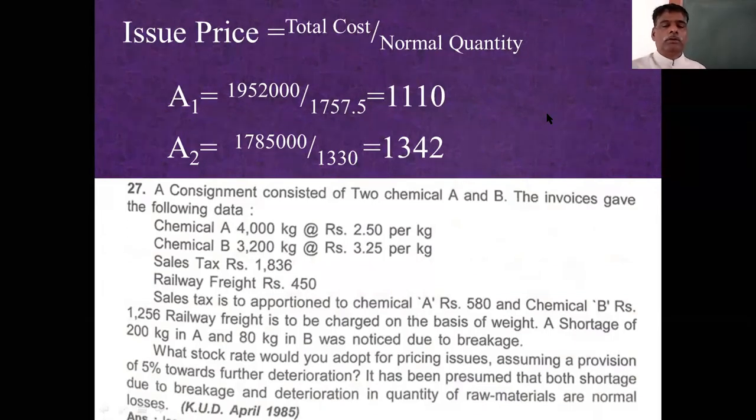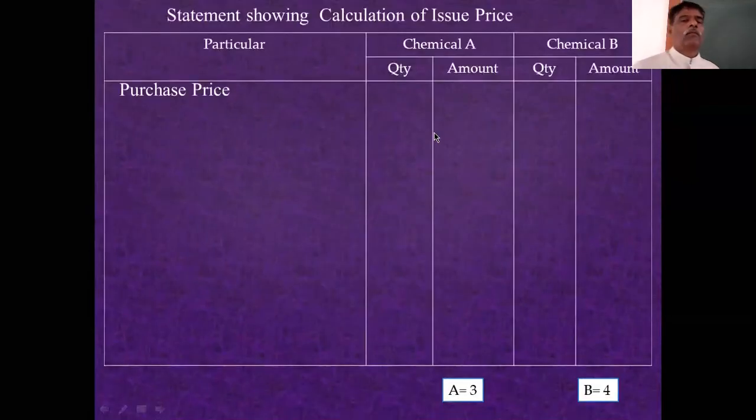Okay. You see the table. In this way, you prepare the table. The previous table also, you prepare like this. Particulars: chemical A, chemical B. In A, quantity, amount; B, quantity, amount.